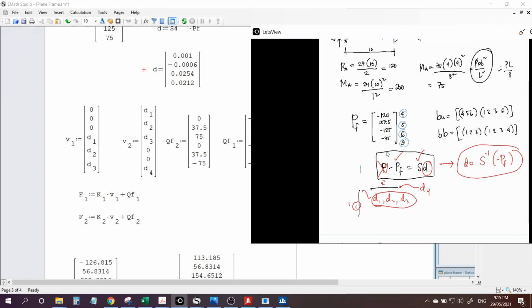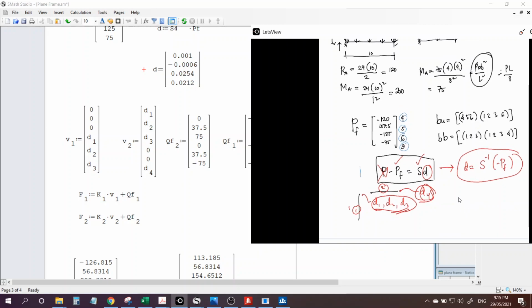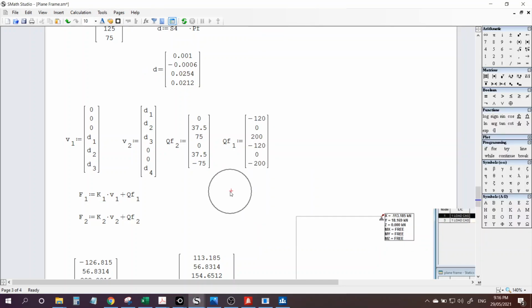For member 2 you have d sub 4, then d1, d2, d3, and then d sub 4 also. So this is the displacement vector for member 2.